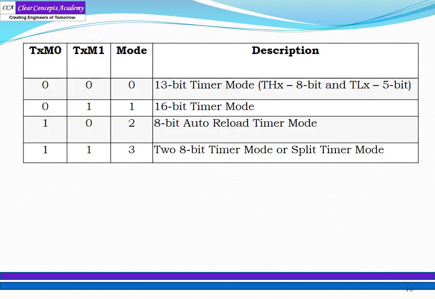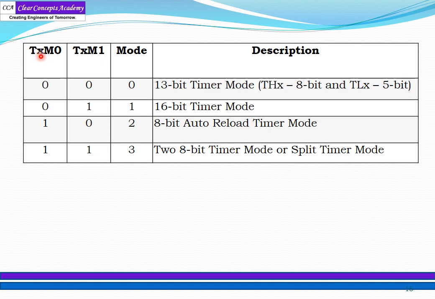These are the various modes. We have seen that the first 2 bits, bit numbers 0, 1 and 5, 6, are the mode selection bits.